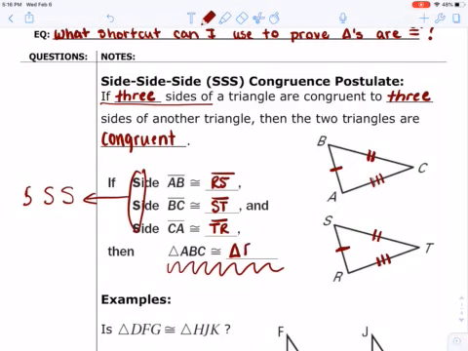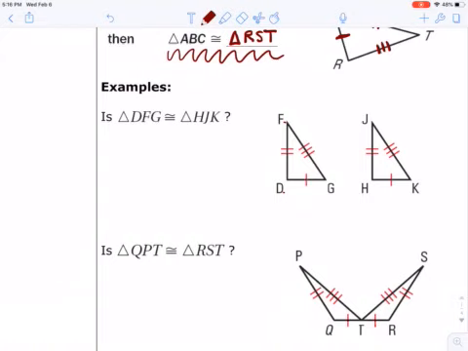Let's look at some examples where we can prove that the 2 triangles are congruent by just looking at their sides. It asks us here, is triangle DFG congruent to triangle HJK? So let's look at our figure.